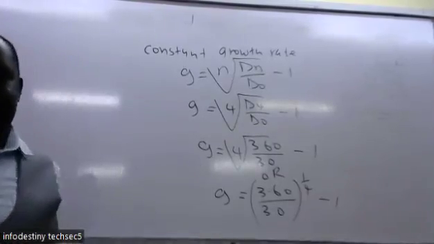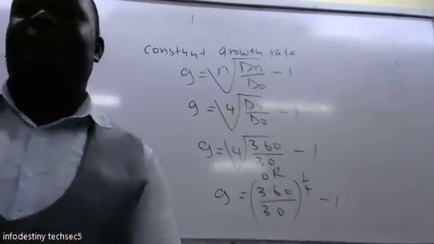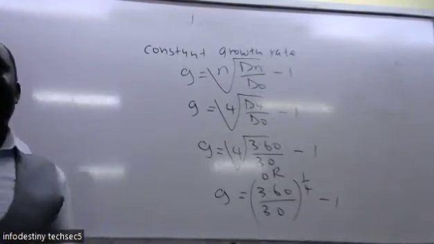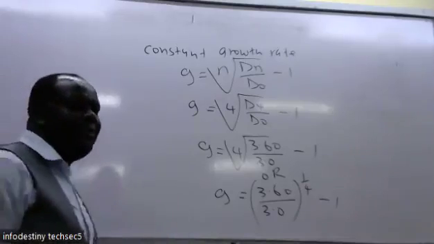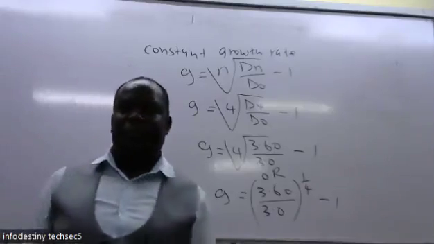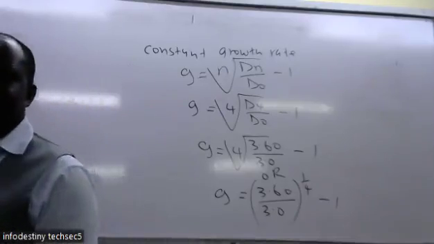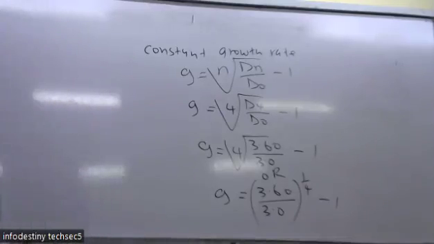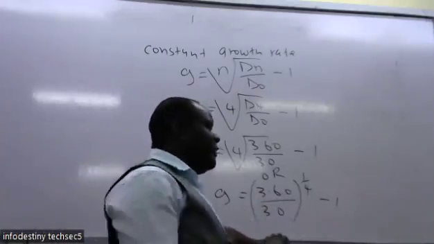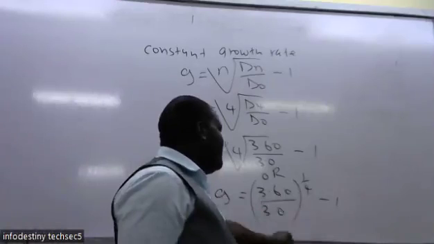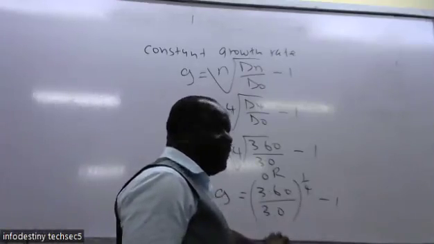Remember, if you don't get it right, then the remaining part of the question will be affected. If that G is not correct, then whatever we shall do will affect the entire question. So we must get it right at that level. Most of the time, I would prefer you to do this. Go to your calculator, take 3.6 divided by 3.0.